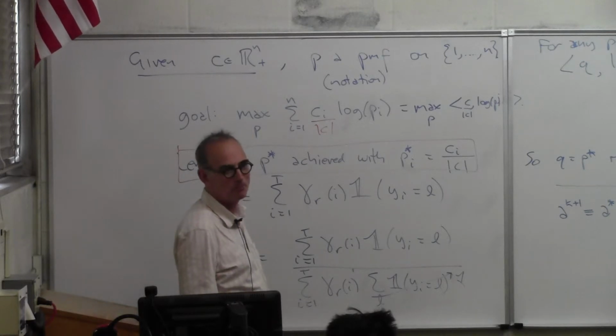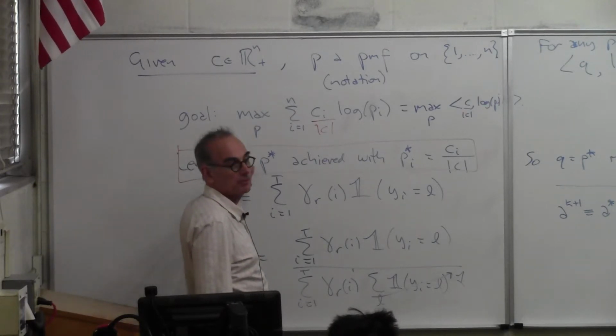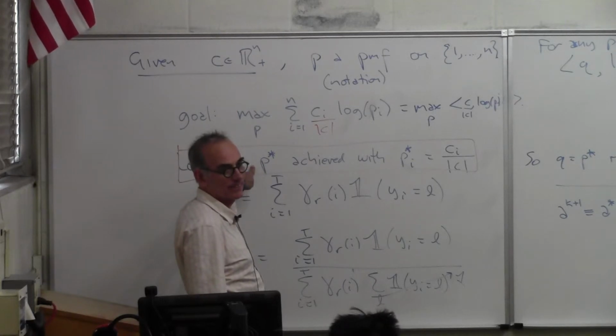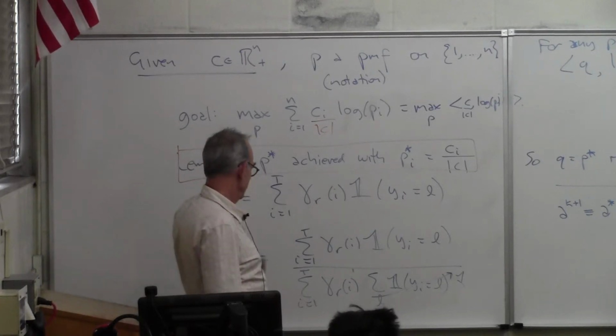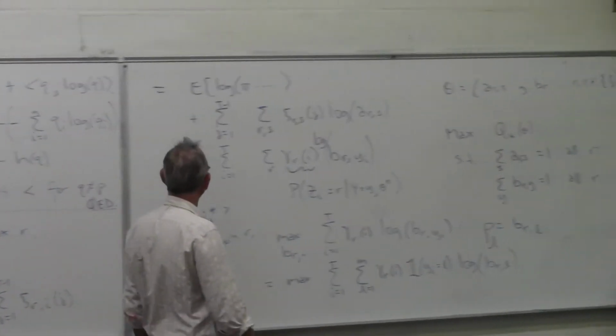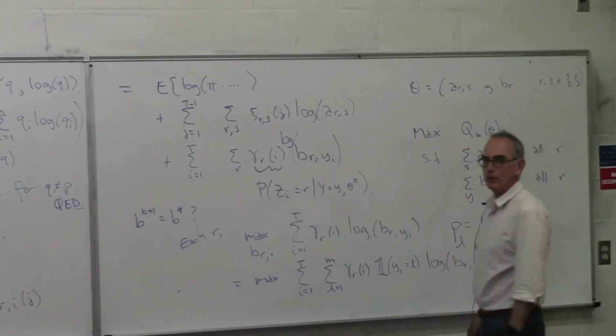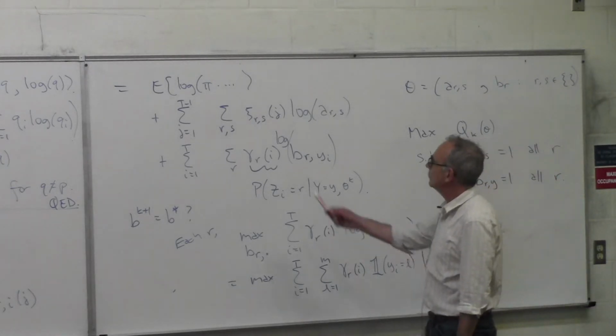No, what's bothering you? Come on. I mean, I'm just applying this lemma. I think there's something hidden. Nah. Well, I think the separability could bother you. But just look at this.